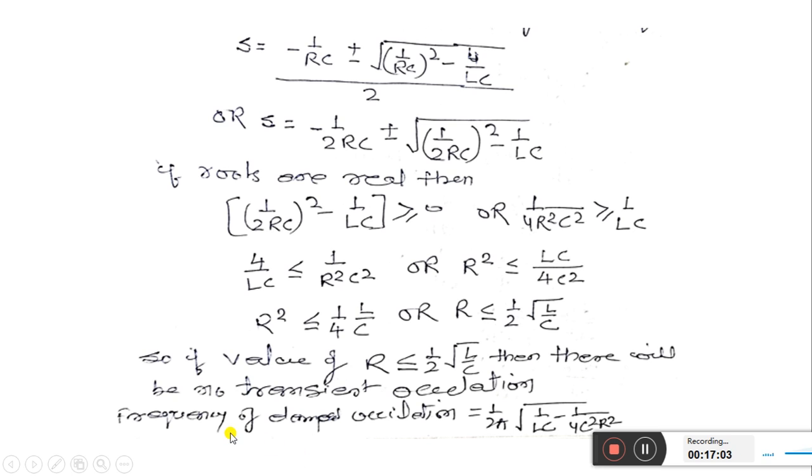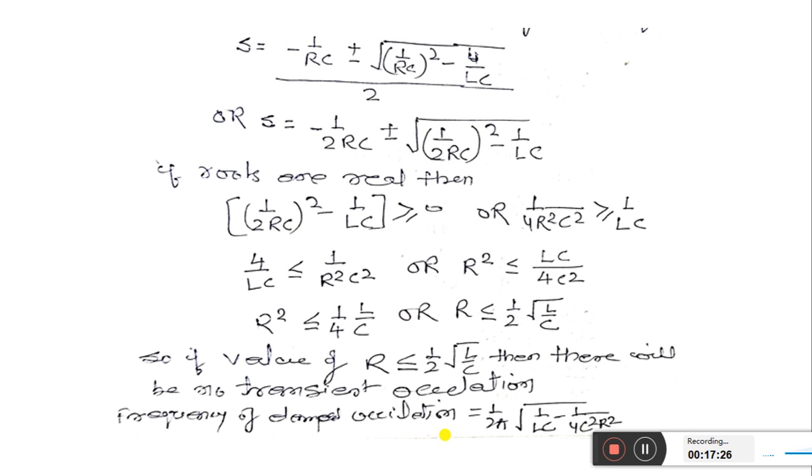That's why the frequency of damped oscillations can be written as 1 by 2 pi root of 1 by LC minus 1 by 4 R square C square. This is the frequency of damped oscillation.